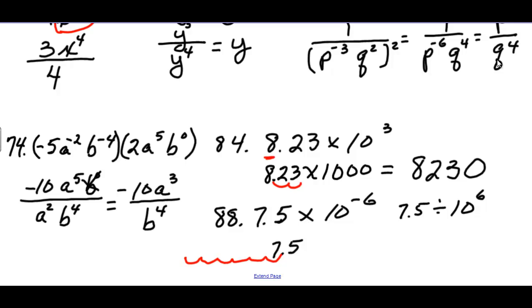But we have to fill in a 0 for every one of those. So our answer turns out to be 0.000075. And that's how to do those problems. Shouldn't have too much difficulty with these. It's just one more added concept to what you had in 3.1.